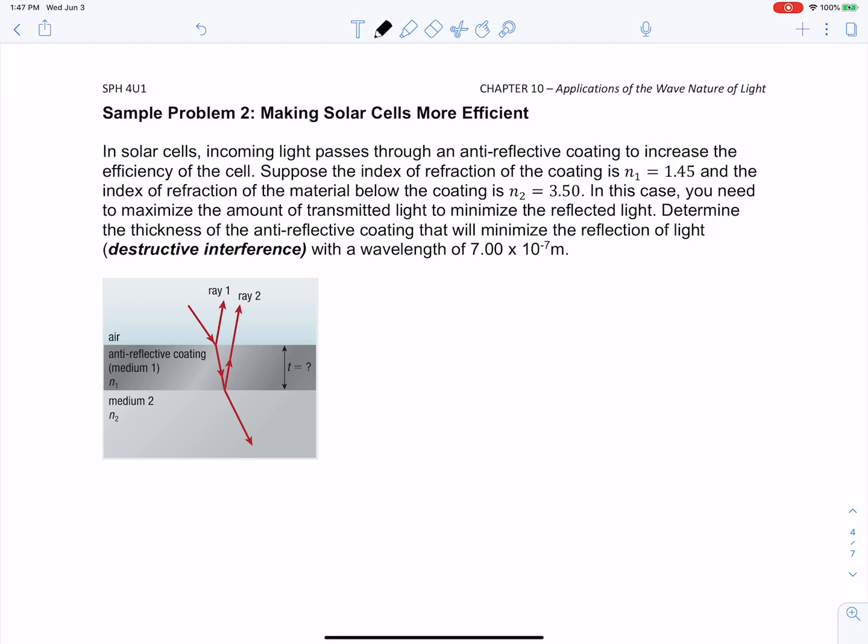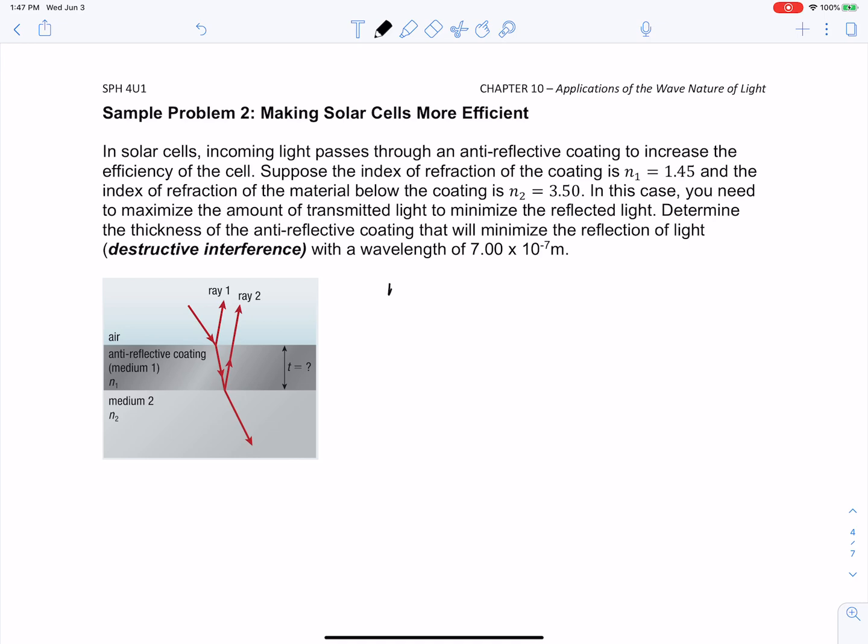Determine the thickness of the anti-reflective coating that will minimize the reflection of light and therefore result in destructive interference with a wavelength of 7 times 10 to the power of negative 7 meters.